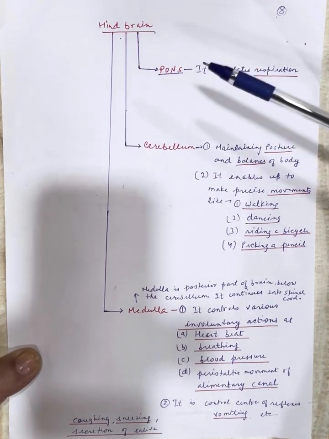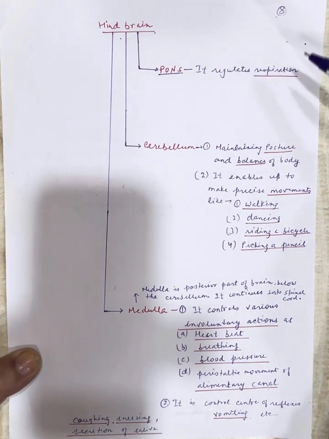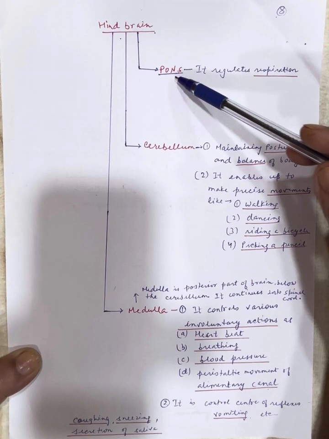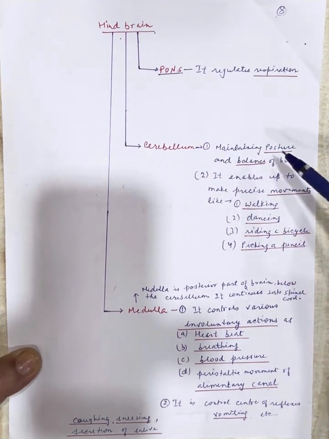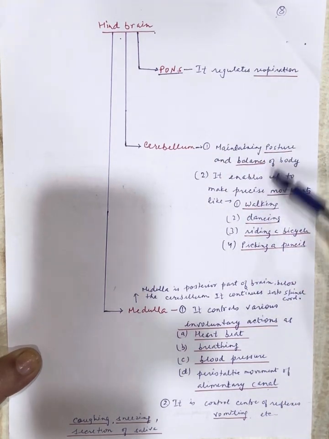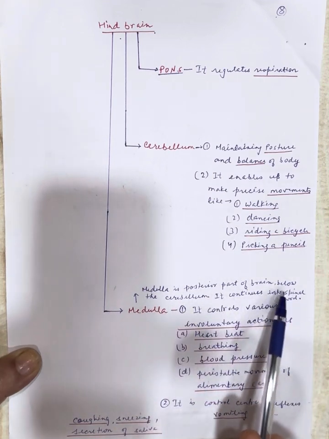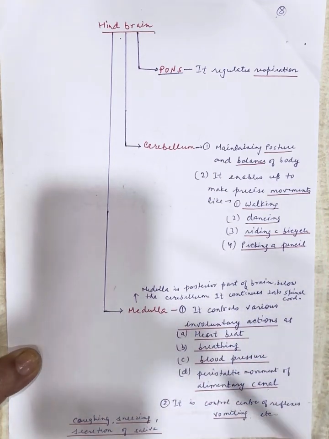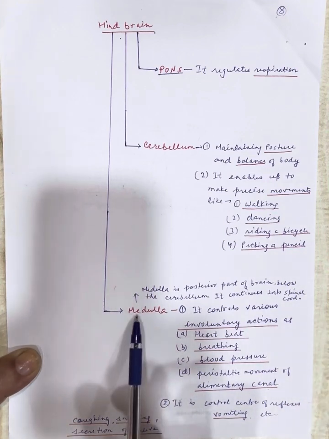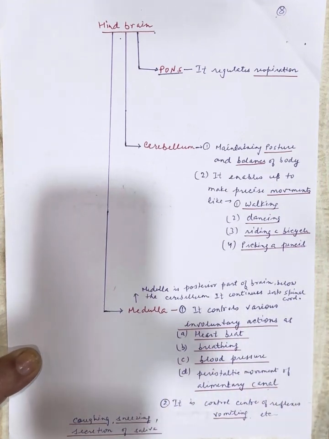Again, we can have a brief summary of the hindbrain functions. The pons does respiration, the cerebellum is for the balance of the body, and the medulla continues posteriorly into the spinal cord, and controls various involuntary actions.